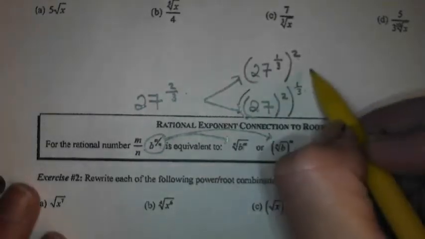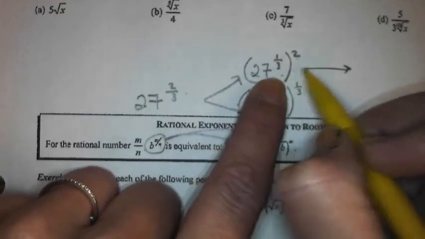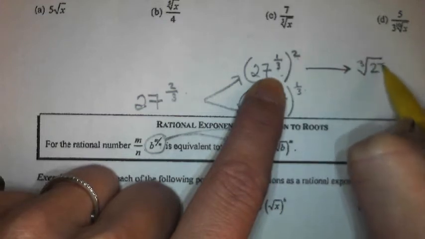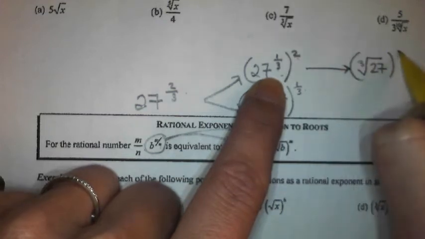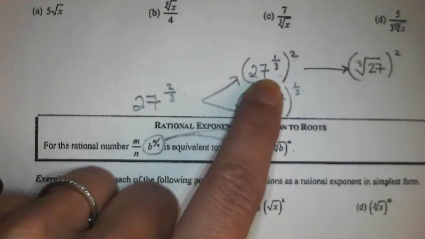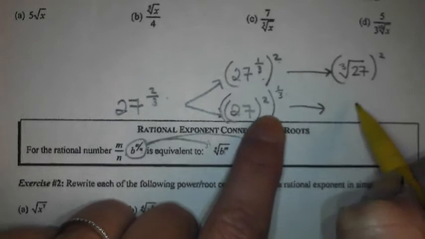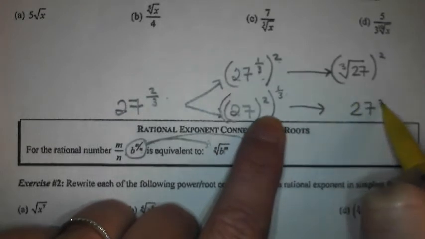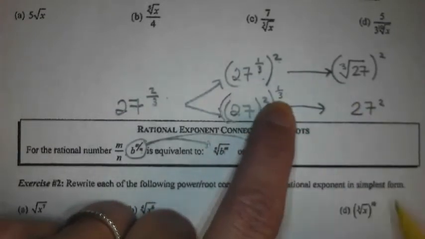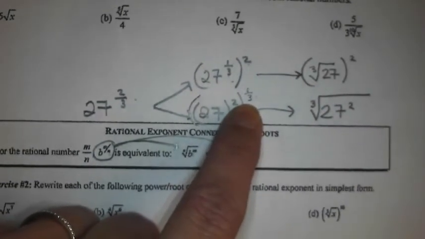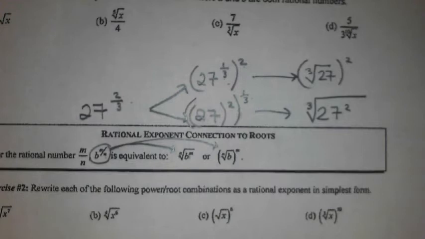Okay? So now if I take this version and change it to radical form, that's the cubed root of 27 squared. Versus this one is the 27 squared first, and then I'm taking the cubed root of it. Do you see that?